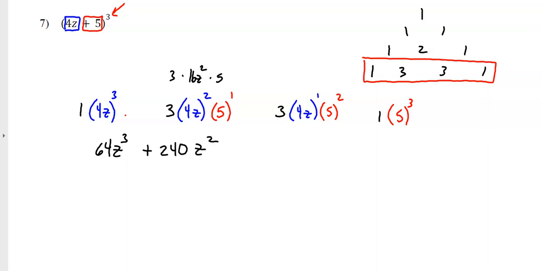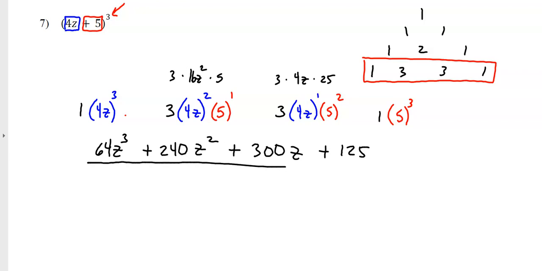Now I come over here, I have 3 times 4z to the first, times 5 squared, which is 25. So 3 times 4 times 25, that's 300, and those are just z's. And then 5 to the third power, 5 times 5 times 5, is 125. And boom.